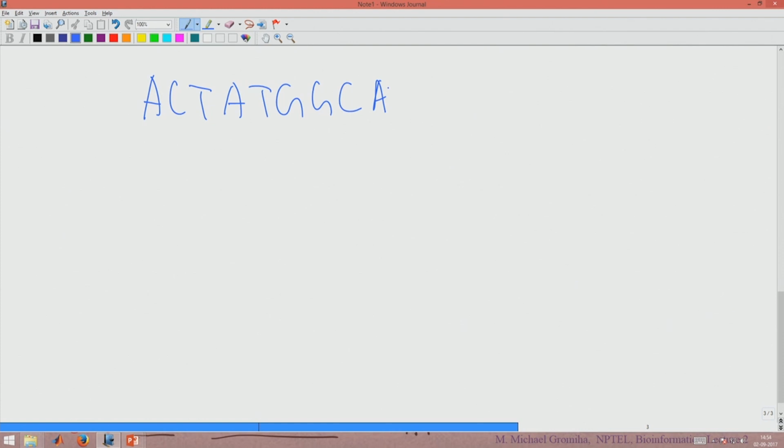Okay. So, how to calculate the base stacking energy? The first question is how to get the base stacking energy. What to do first? First we get the sequence, we need a sequence.